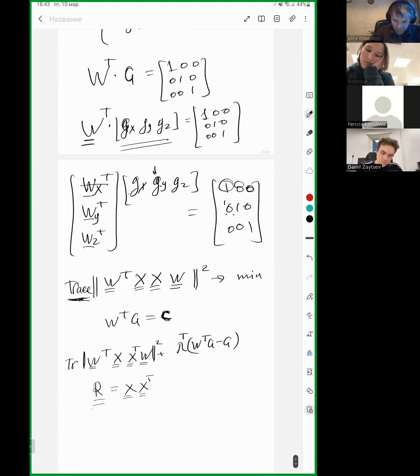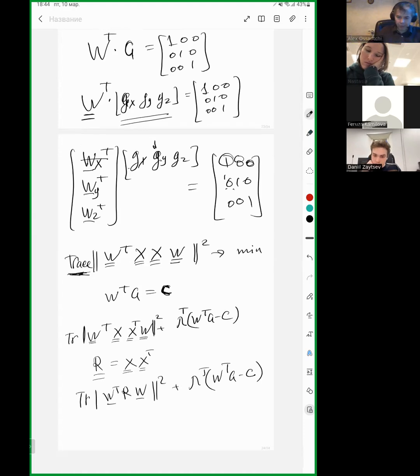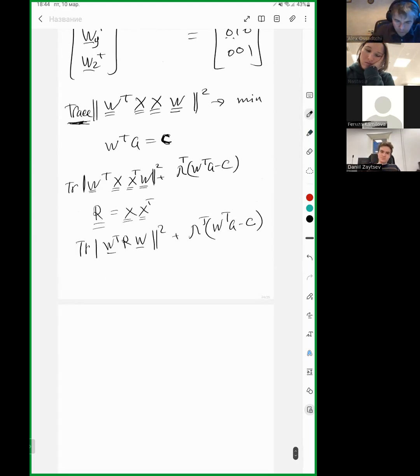So you can rewrite this as a trace of W transpose R W squared plus lambda transpose W transpose G minus C. Minus C. Then you again do the same thing. You take the derivatives. This is your L of W and lambda, W matrix, lambda. And then you say, okay, very nice.